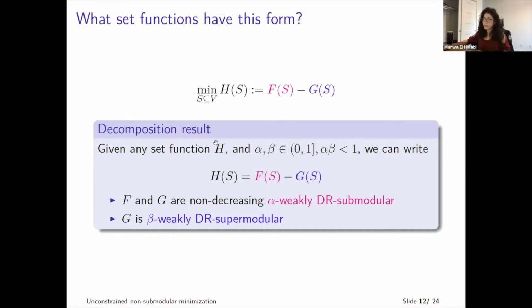If you provide me with any set function h and any choice of alpha and beta, as long as they're not both equal to 1, then we can construct functions f and g satisfying the assumptions I made. And actually they have stronger properties: f and g are non-decreasing, f is alpha weakly DR submodular, and g is also beta weakly DR supermodular.